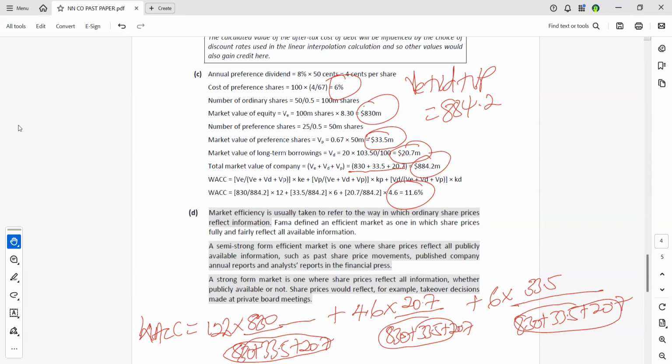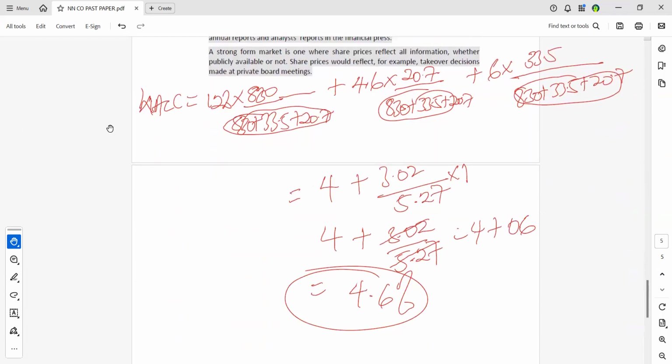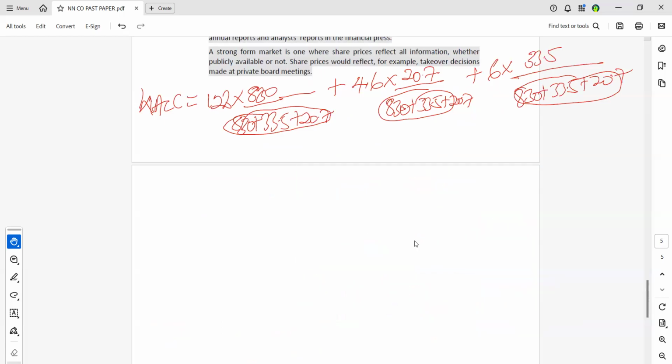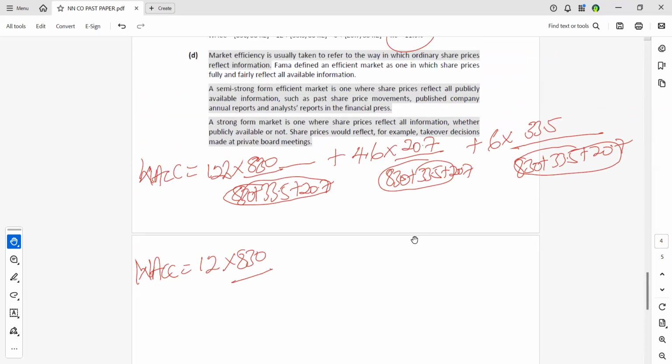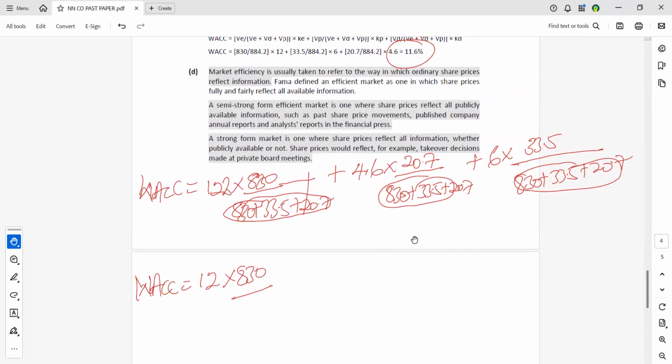And he said that the WACC, so let me count that a little bit. So he said that his WACC is equal to 12 times 830 over, then he has summed up all these figures. This 830 plus 33.5 plus 20.7, he said is what? 884.5. Okay?